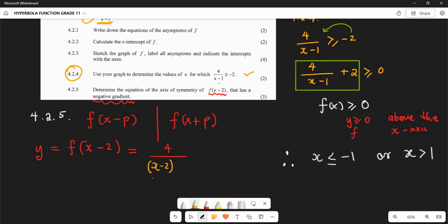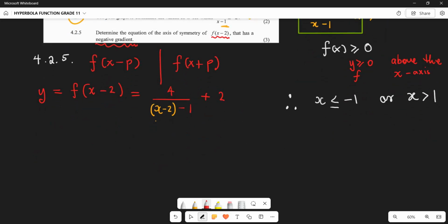Remember, there's also this minus 1 there. So what we did, we simply replaced x with x minus 2, plus 2. Then now let's simplify this one. If we simplify this, we are going to have 4 over x minus 3 plus 2.